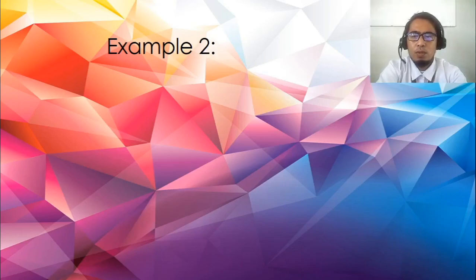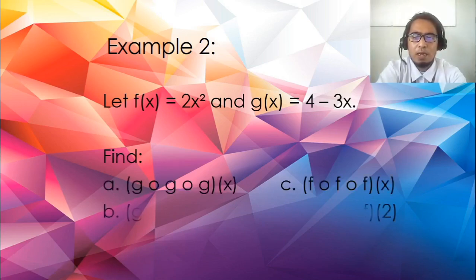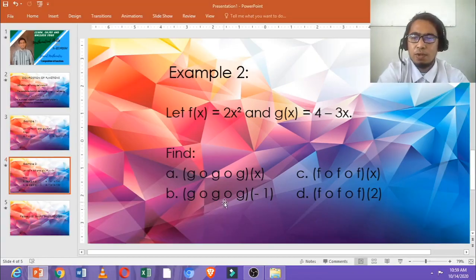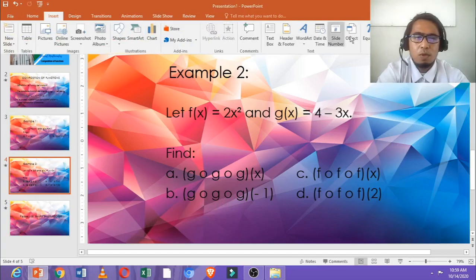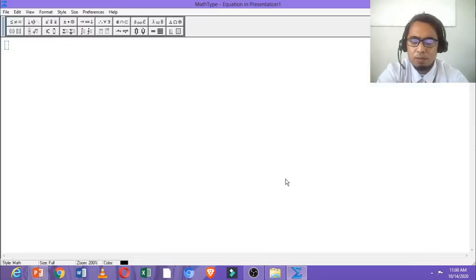Example number 2. Let f of x be equal to 2x squared and g of x be equal to 4 minus 3x. We are asked to find A, B, C, and D. Let us answer first letter A. We will be using the math type in presenting our answer.